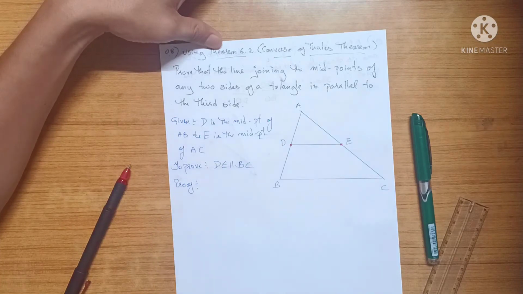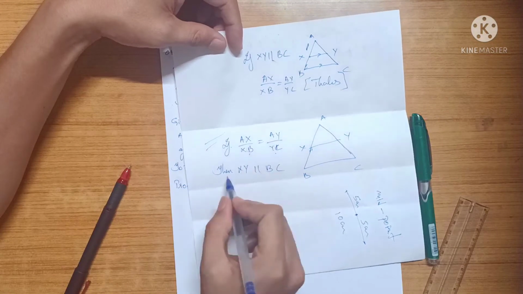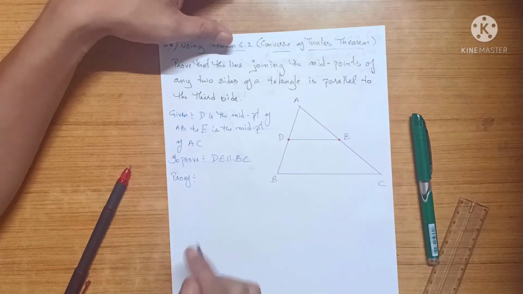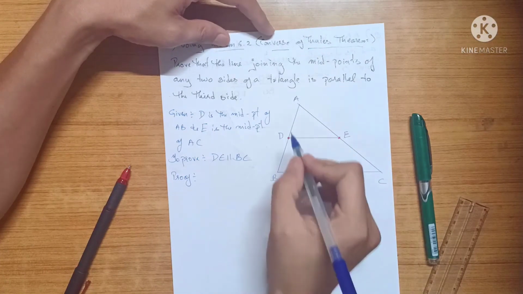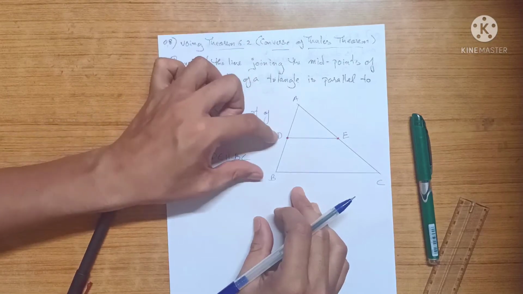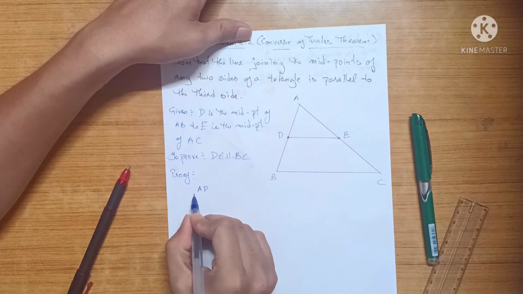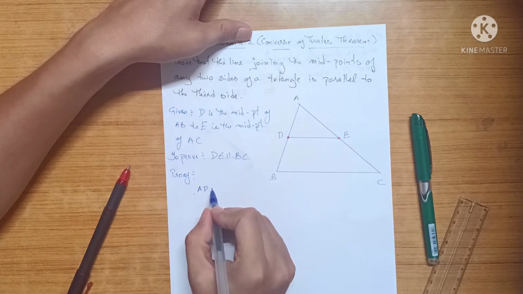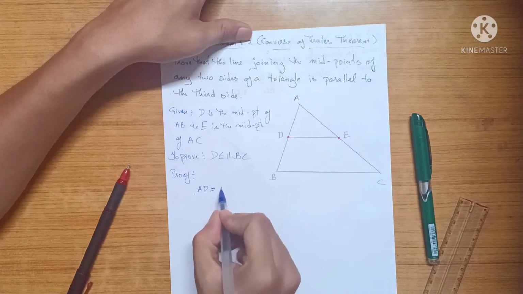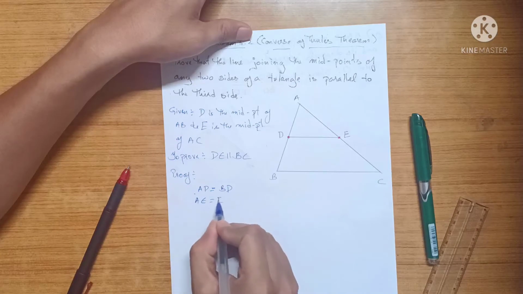Proof. The converse of Thales' theorem says if the ratios are the same, then it is parallel. So all we have to show is that the ratios are the same. Ratios means this divided by this, AD divided by BD. Before we do the division, AD equals BD, and AE equals EC.